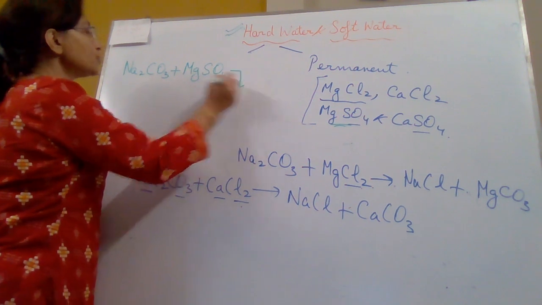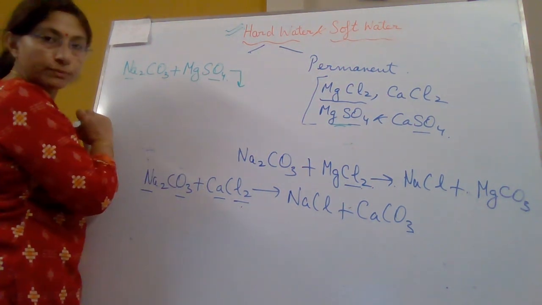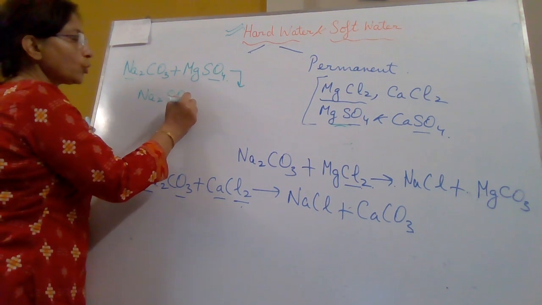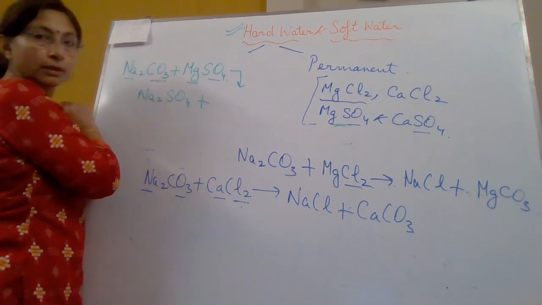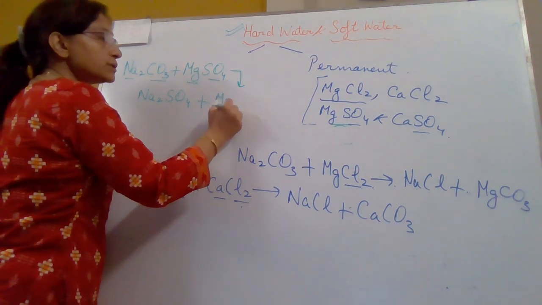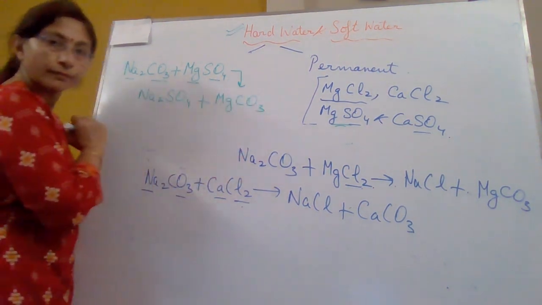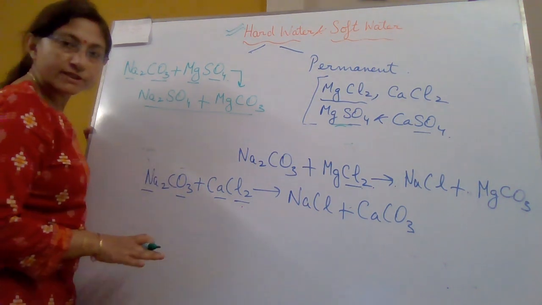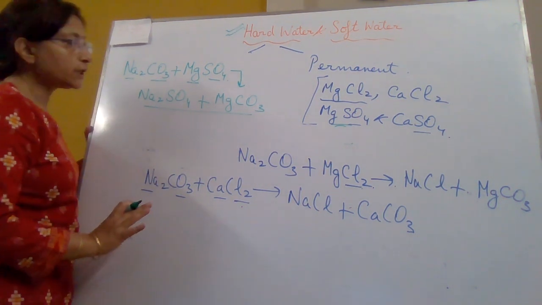And what will they produce? Sodium sulfate Na2SO4 plus MgCO3. Both will be obtained as the precipitate. That means they will settle down, they can be filtered.